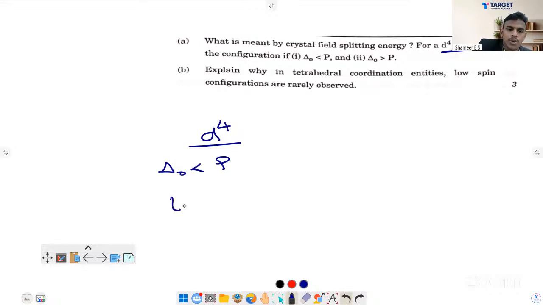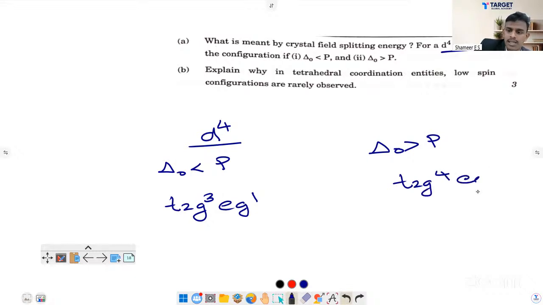So t2g will have 3 electrons, and 1 electron will go to eg. In the next condition, pairing will happen because the splitting energy is more. Here t2g is 4 and eg is 0.